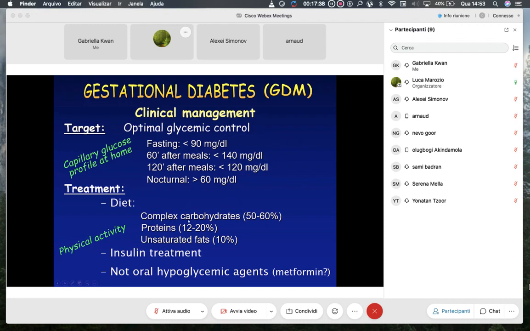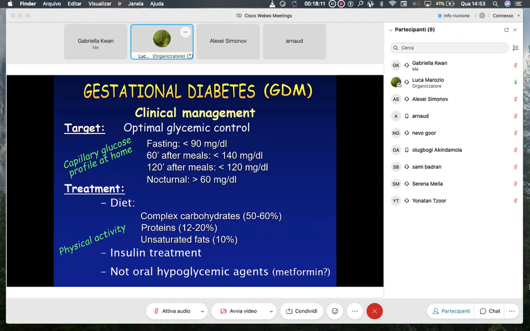Treatment: the first approach is a diet. Diet means complex carbohydrates, proteins, and unsaturated fats in defined percentages. If the diet is not enough, if it doesn't work, we have to use insulin to control glycemia.